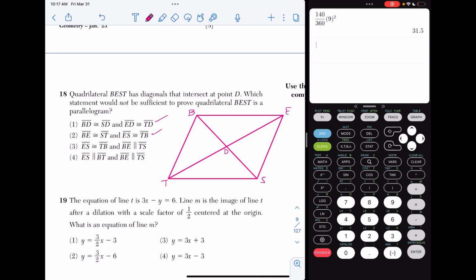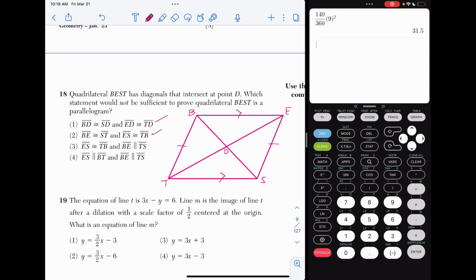Choice 3. ES is congruent to TB. And BE is parallel to TS. So I'm going to put the parallel markings on those. Now, in a parallelogram, it is true that opposite sides are congruent, but it doesn't tell us about both pairs of opposite sides here.